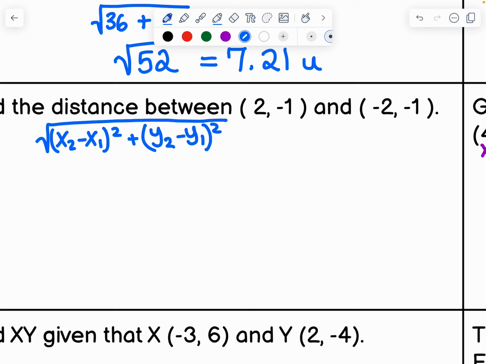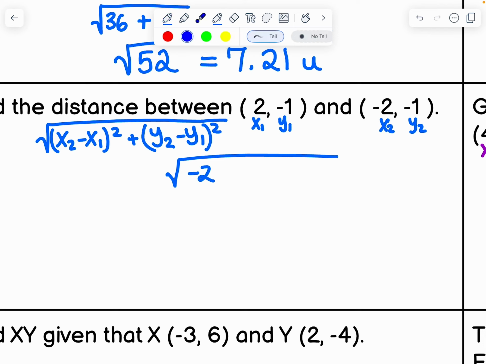And so first thing we need to do is label our points. We're going to let our first point be x1, y1, and our second point be x2, y2. And in this formula, x2 comes first. So our x2 is negative 2.